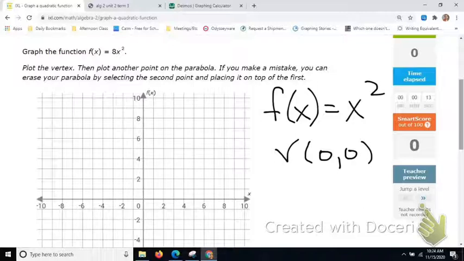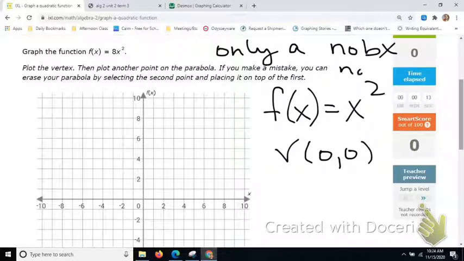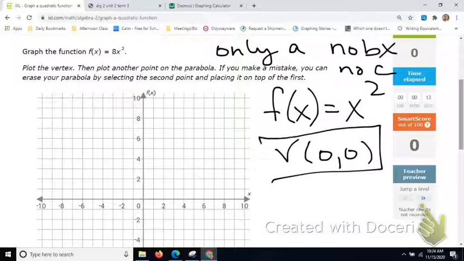Now, if I multiply 0 times 8, I still get 0. So if it's only x squared, so there's only an a, there's no bx, and there's no c, the vertex is still going to be at 0, 0.